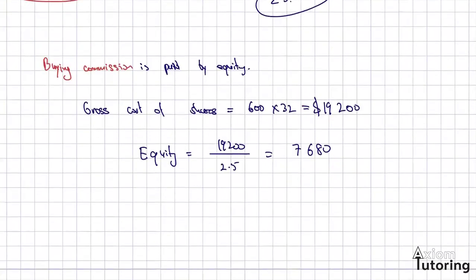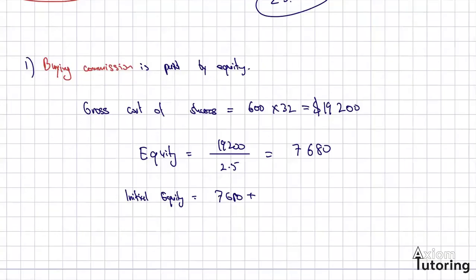But this is only part of your equity, because remember, one of the assumptions is that the buying commission is paid by the equity. So the initial equity will be equal to this 7,680 plus the commission that you're paying, which is tiny.